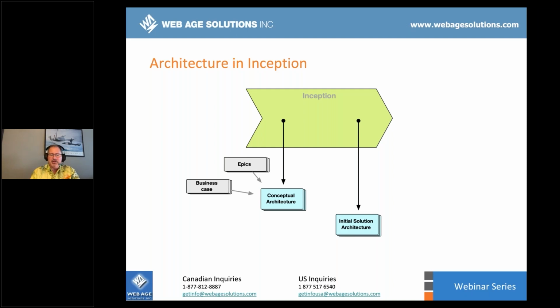And again, that initial solution architecture flows from the conceptual architecture. It's also driven by the release plan, or whatever its equivalent is. What I'm particularly interested in with the release plan is that, at some point during inception, we're going to settle on, at least at a very high level, what the basic features or capabilities of the solution are, and in what chunks they're going to be released.